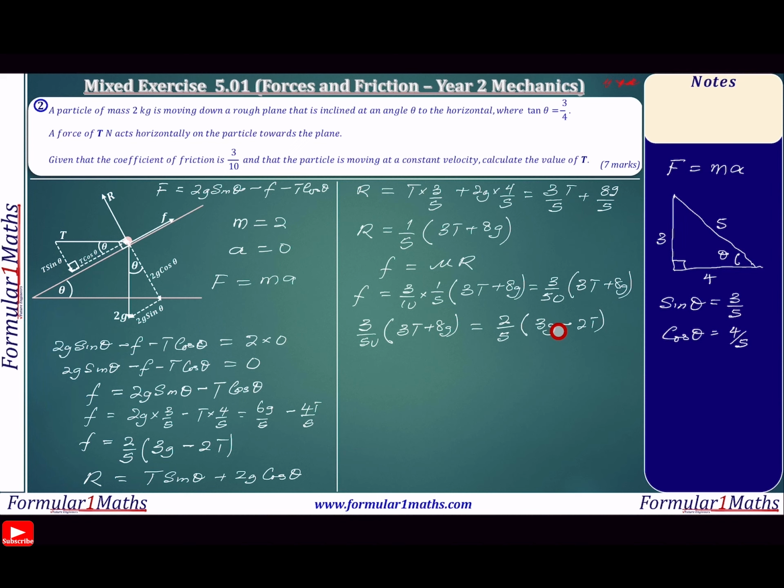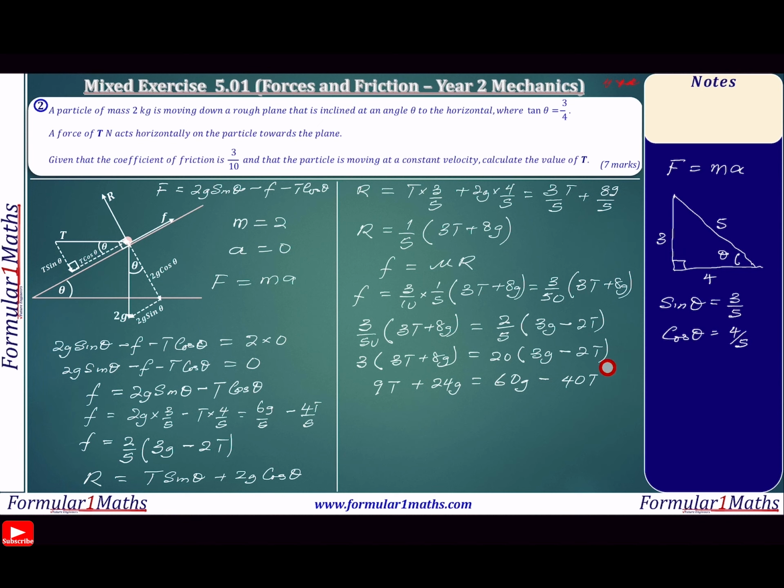And then if I do that, I'm going to get 3 brackets 3T plus 8g equals 20 brackets 3g minus 2T. I can now expand to get 9T plus 24g equals 60g minus 40T.